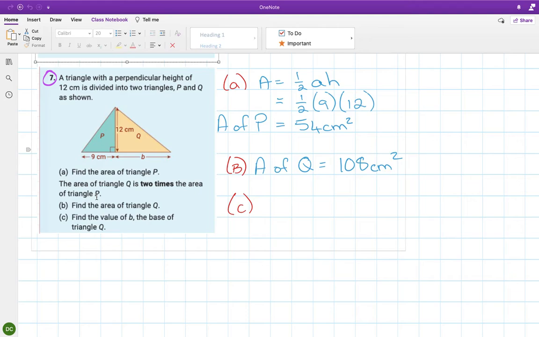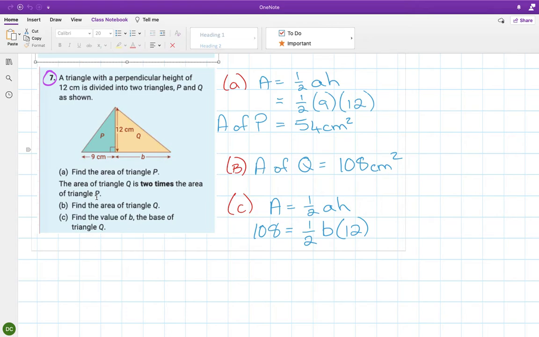Okay, so I'm going to have to use the area of a triangle formula, so half AH. We know the area of Q, it's 108. Half is half. The A is, well, they've called it B, so I'll change it, but that's what we're trying to find. And the height is the same, so 12. This is going to be the same as the one we did in class on Friday.